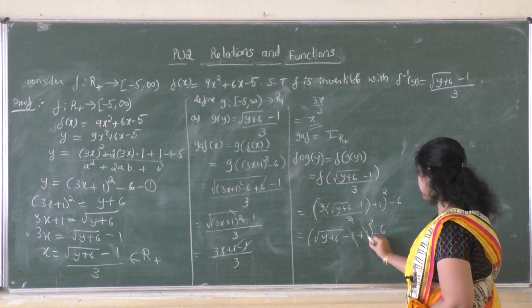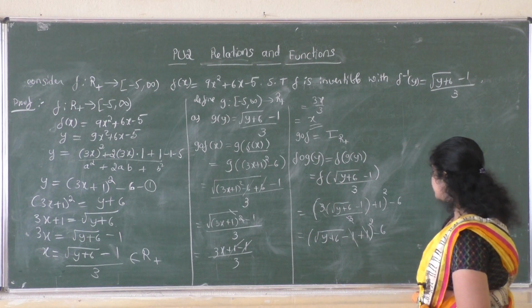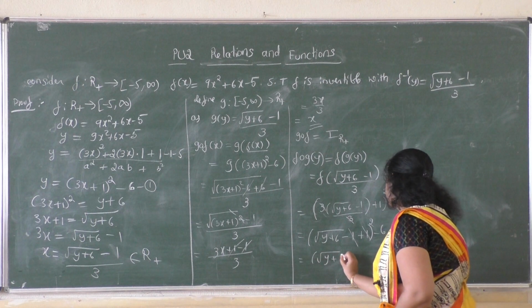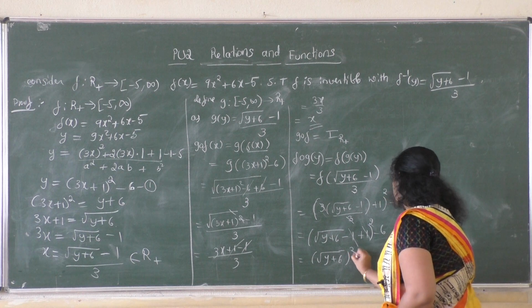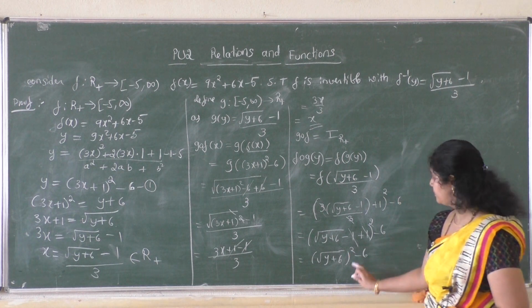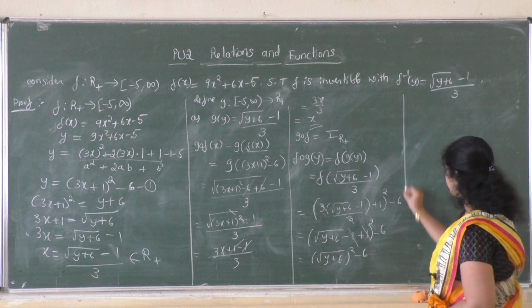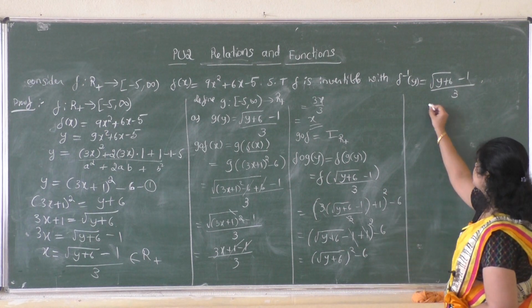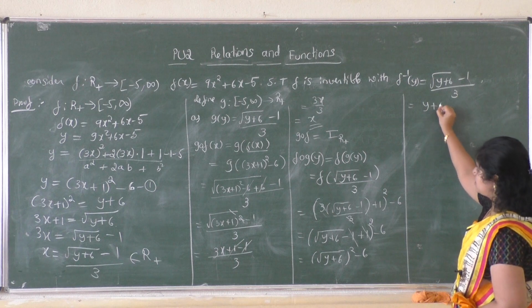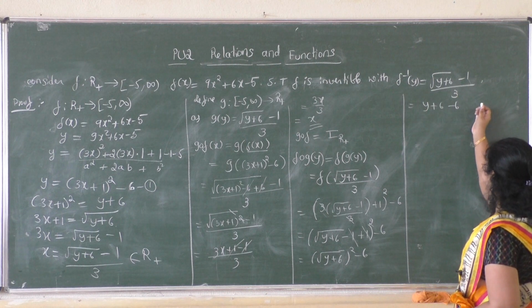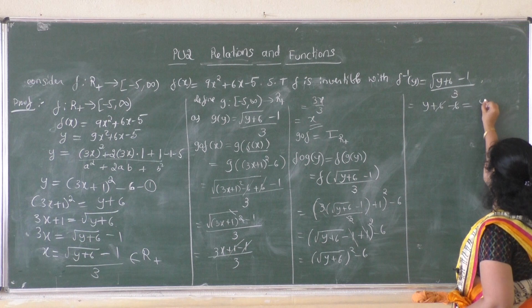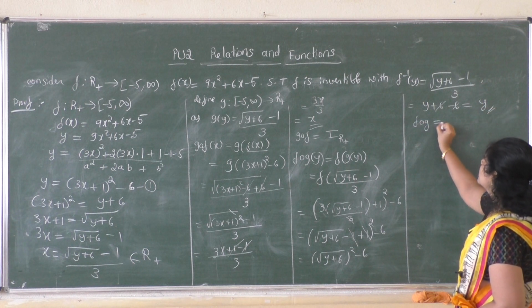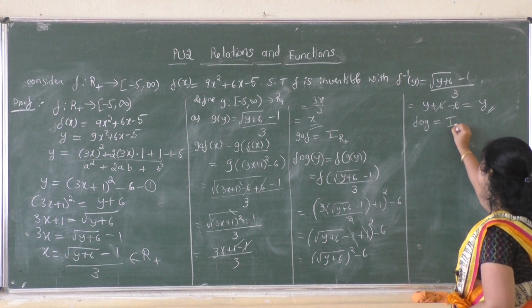Minus 1 and plus 1 cancel, that is equal to (root y plus 6) whole square minus 6, which is equal to, root square and square root cancel, y plus 6 minus 6, which is equal to y. So f of g is equal to identity function.